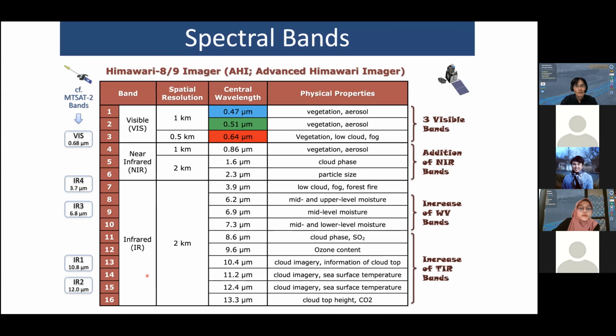And the spectral bands are also improved. Not only the visible wavelengths, we also have near infrared bands, around 1.0, 1.6 and 2.3 micrometers. I will mention this later. Around 7 micrometers, the band is split into 3 bands, so the water vapor bands have increased.